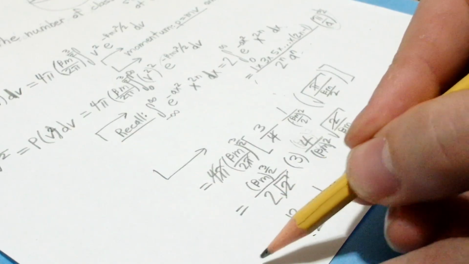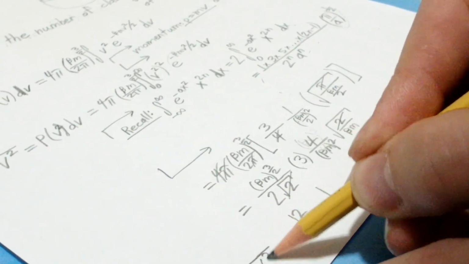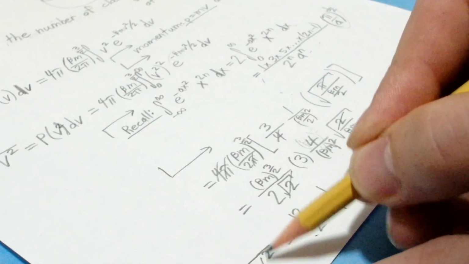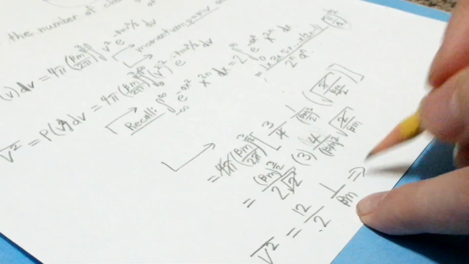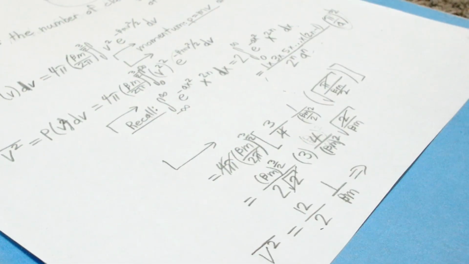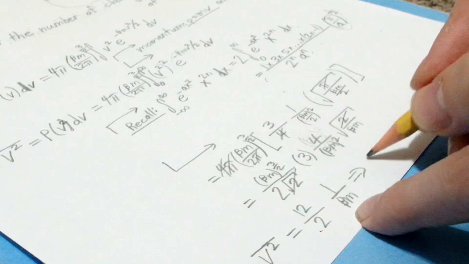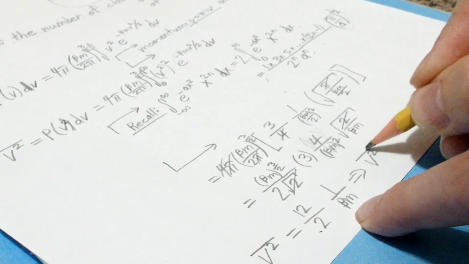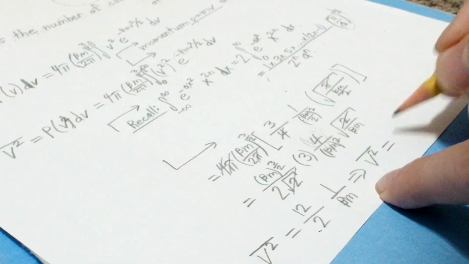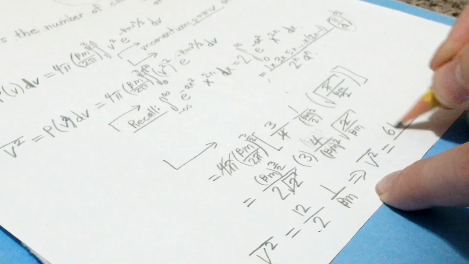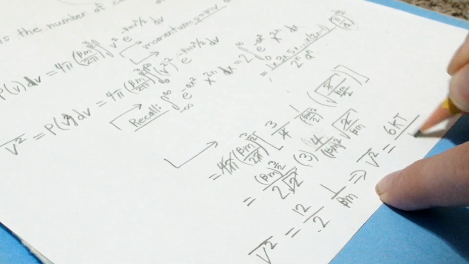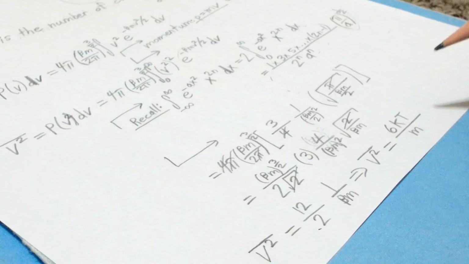Beta m, and this is again equal to the average velocity squared. And if we were to rewrite beta in terms of k and T, we will get 6 kT all over m, the mass.